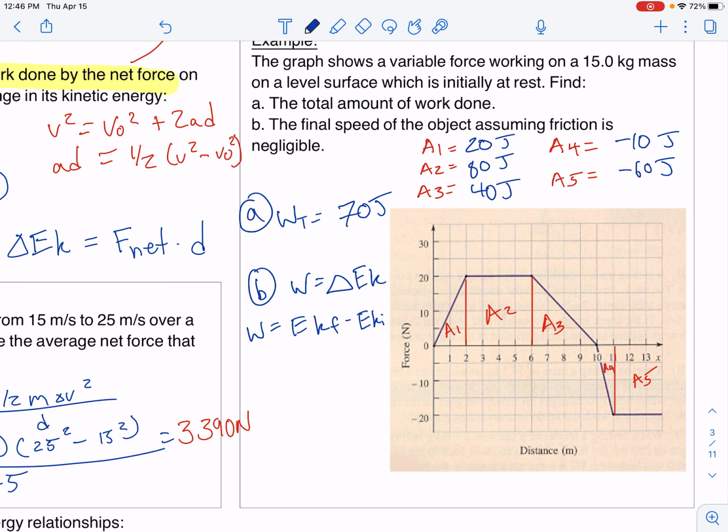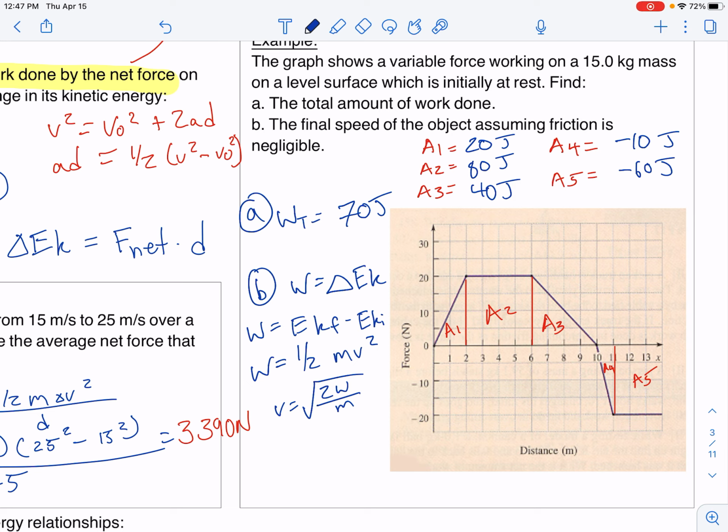We know in this case the initial kinetic energy is going to be 0, so really we're just trying to find the final. As we've done before, we've derived velocity, which is equal to the square root of 2 times the work done divided by the mass. Then use that to solve.